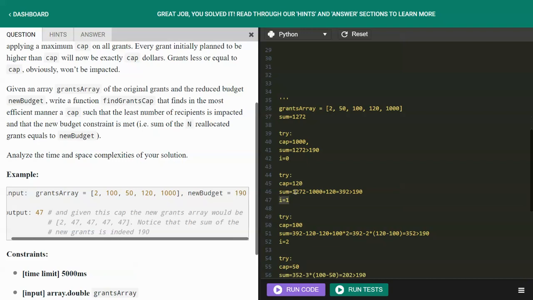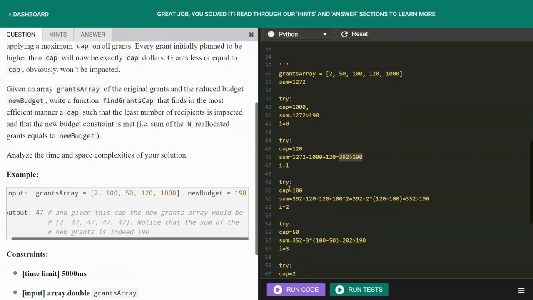Now the running sum is the original sum minus the amount impacted by the cap rate, which is 1,000, plus the new cap rate. So the old cap rate is 1,000, the new cap rate is 120, and if we do the arithmetic, the new running sum is 392, and this sum is still greater than 190.